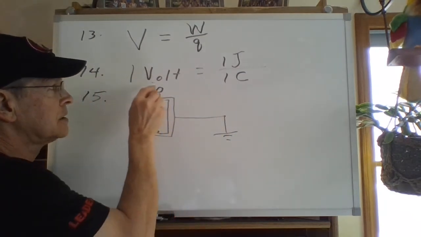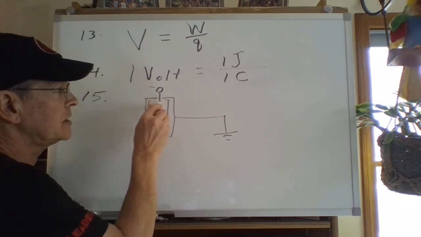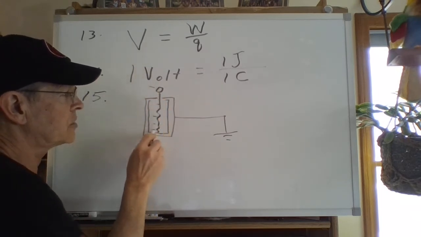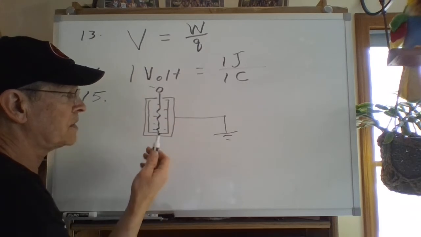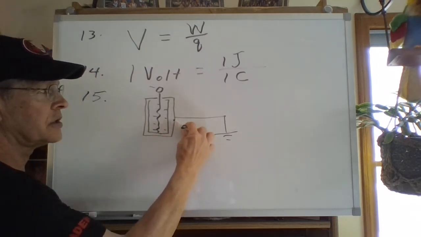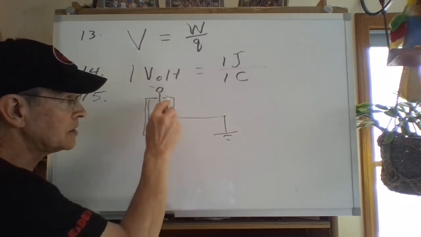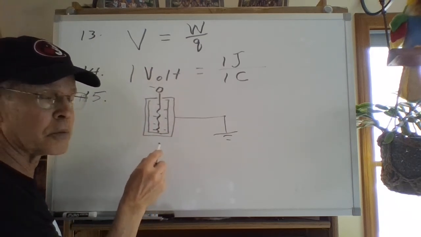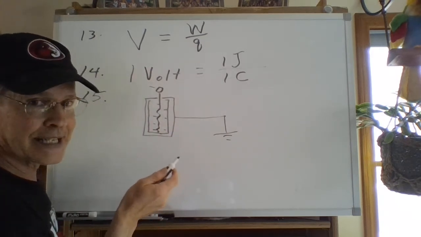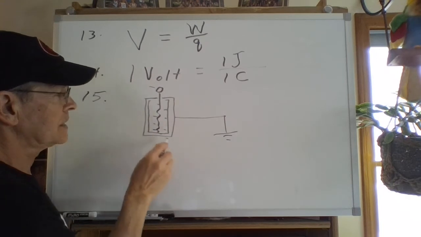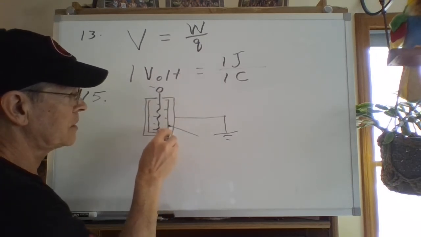What if I put negative charge inside? It's got negative charge all over the place. What would that do to the negative charge in the outside? Now you have to keep these separated by a dielectric, which means insulator, right? That's all there is to a capacitor.